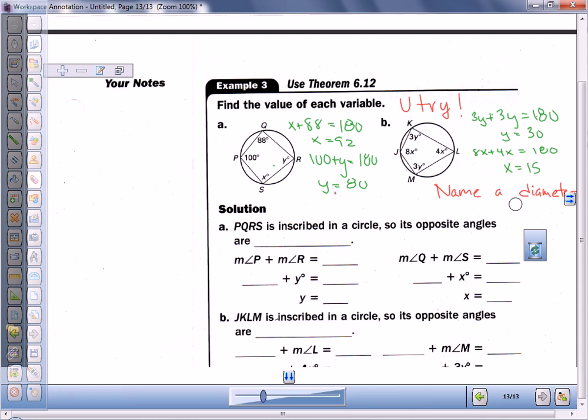Okay, did you get 30 and 15? Is there something on there that we can tell must, with all certainty, be a diameter?